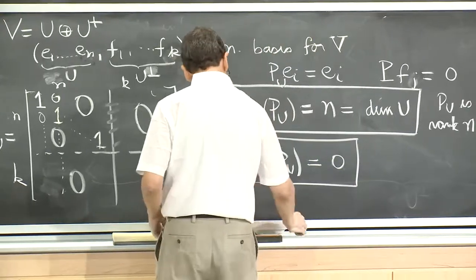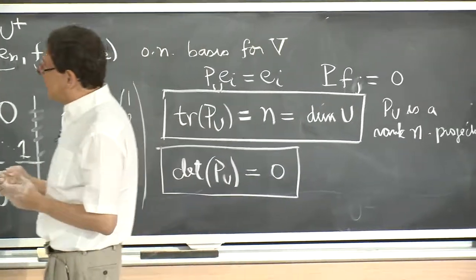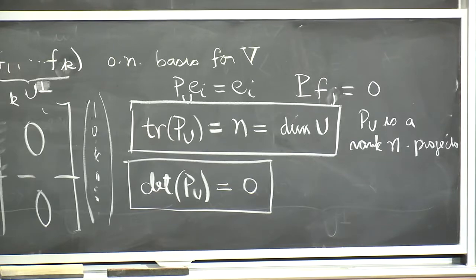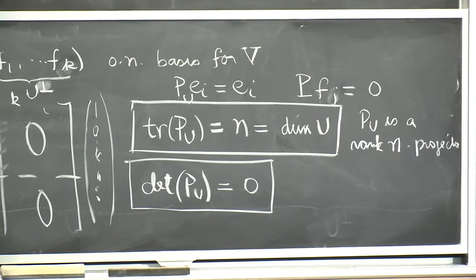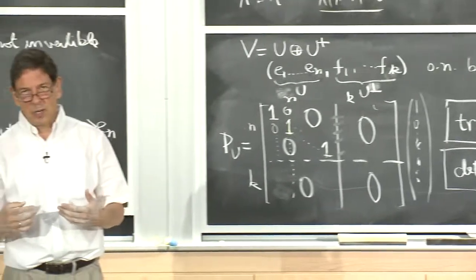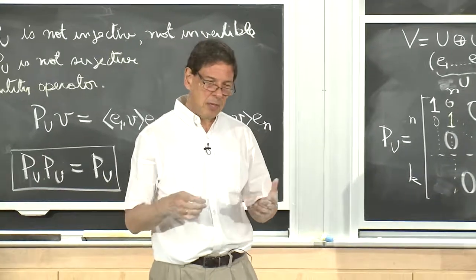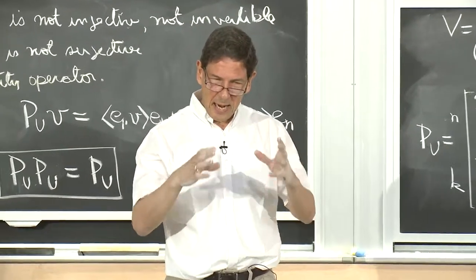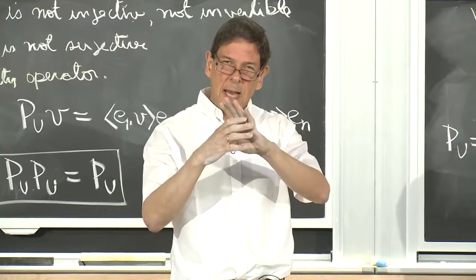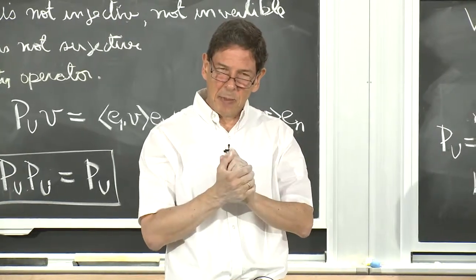So there we go. We've learned the basics about projectors. All the projectors we will be discussing in this course will be orthogonal projectors. And those are projectors that, as you now have learned, arise when you have a decomposition of a vector space.